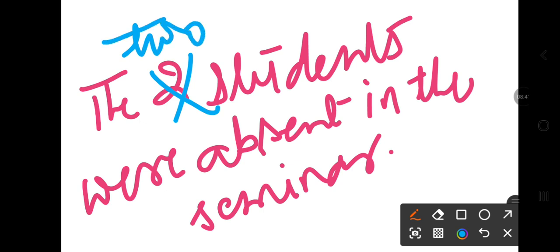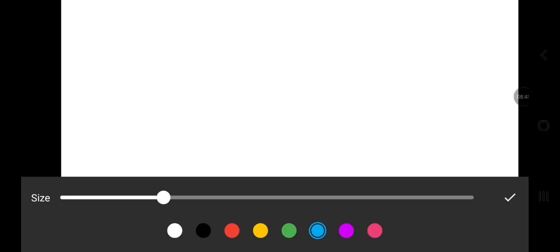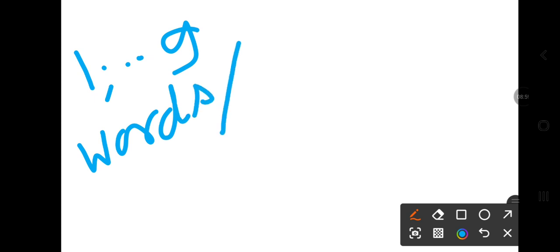So the rule says that we should write 1 to 9, right? 1, 2, 3, 4, up to 9, these should be written in words, or from 1 to 9 should be spelled out.